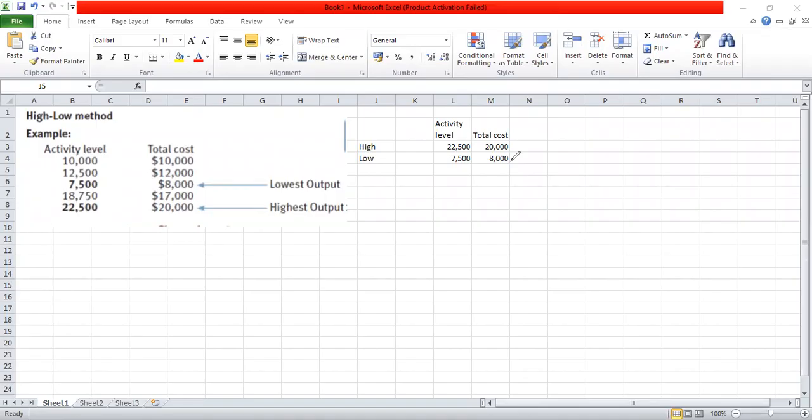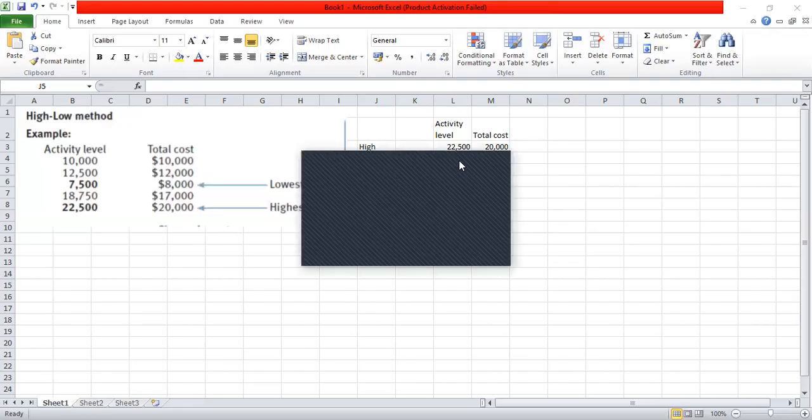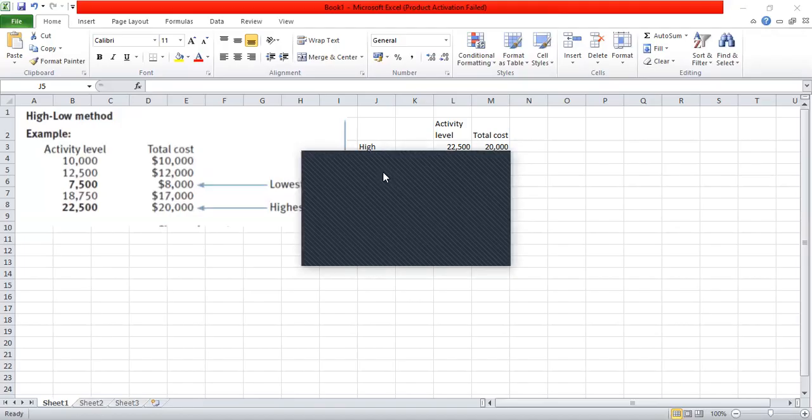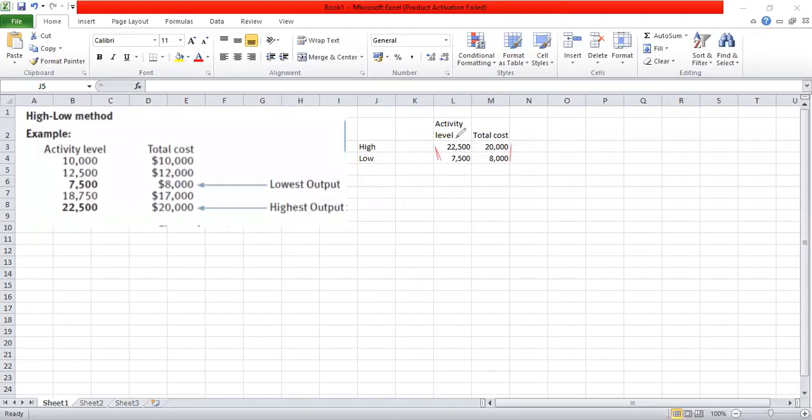If it is a semi-variable cost, it is partly fixed and partly variable.